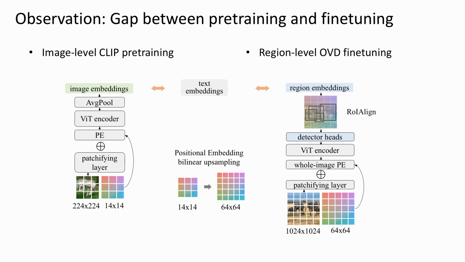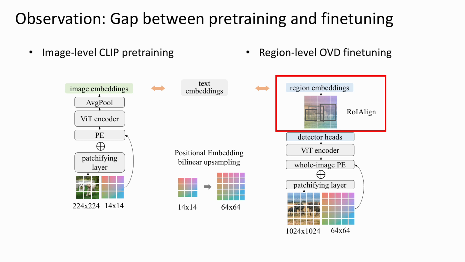For example, with image size 1024, we have 64 by 64 tokens. As we have a smaller number of positional embeddings pre-trained, the positional embeddings are commonly bilinearly upsampled to fit the resolution. After the ViT backbone are the added detector heads, and each region embedding is matched with text embeddings.